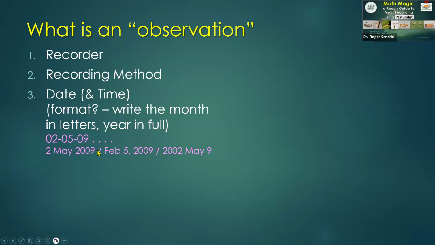Write out the month, because it could be 02 as February, 05 as the 5th, and then 2009. That's how it's done in the Americas. Out here in East Asia, 2002 is the year first, and then the month, and then the day. So please write the month out. It could be abbreviated, but it's better in full. Write the year out in full.